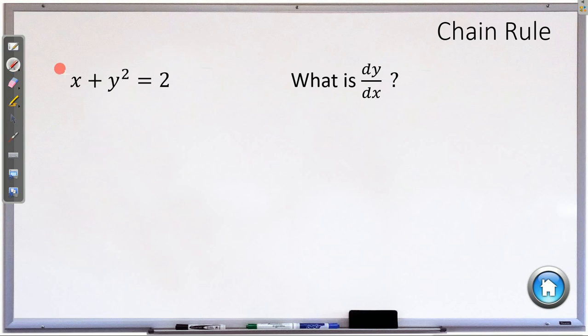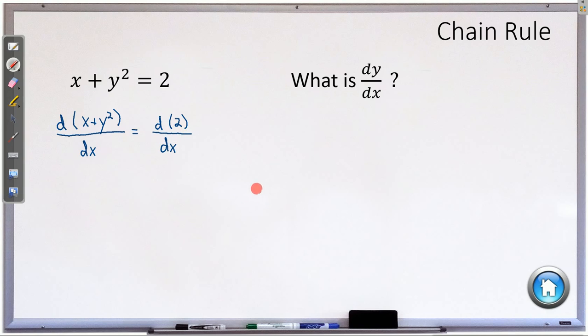Anything you do to one side, you do to the other. So we are going to take the derivative of the left. Make sure you put with respect to x underneath. And we're going to take the derivative of the right. So we're doing the same thing to both sides, just like solving an equation back in Algebra 1.